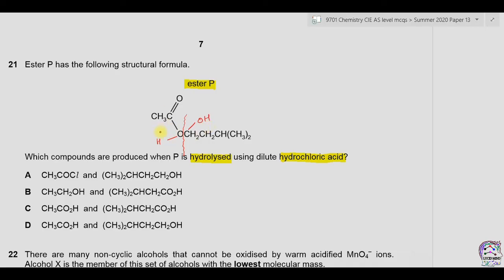So we have carboxylic acid and alcohol formed. So the products will be CH3COOH, and the second product will be CH3CH2CH2CH2OH. The answer that matches these two products will be D.